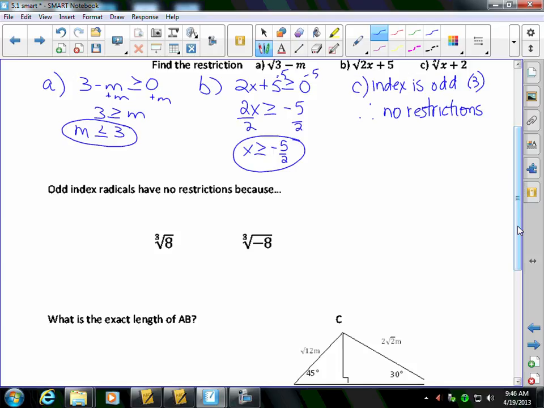So odd index radicals have no restrictions because, like I said before, you can go negative 2 times negative 2 times negative 2 to get negative 8, which means I can cube root a negative 8 to get an answer of negative 2.